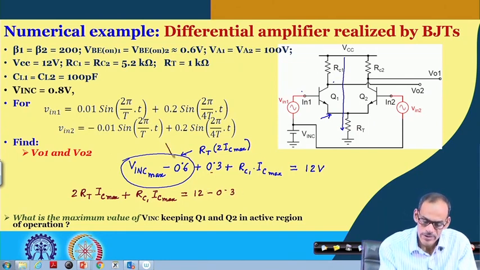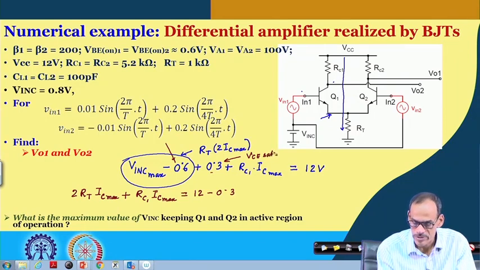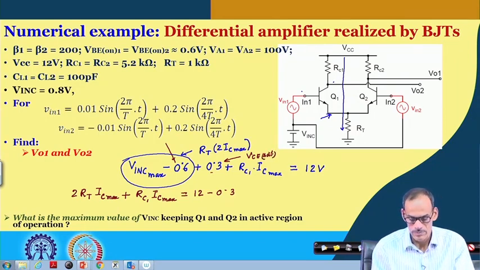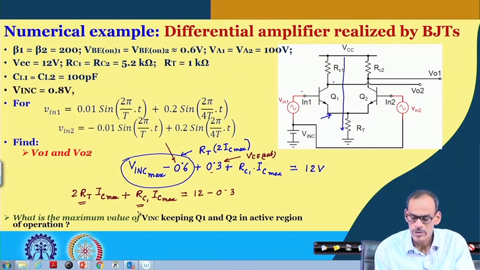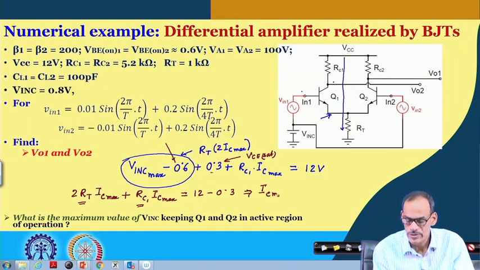And as I said that this 0.6 it is VB1 and this 0.3 it is VCE saturation limit. So, we know the value of this RT, we know the value of this RC1, and so we can calculate what is the maximum value of IC called IC max.